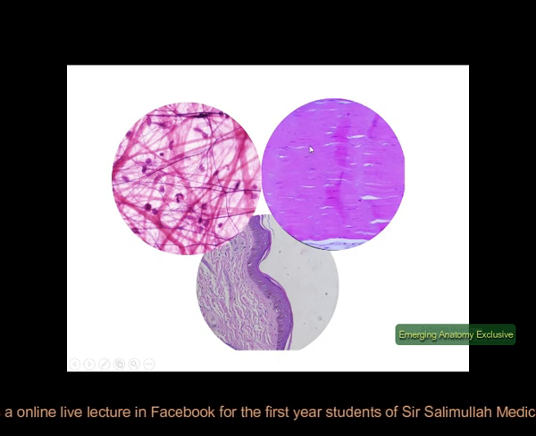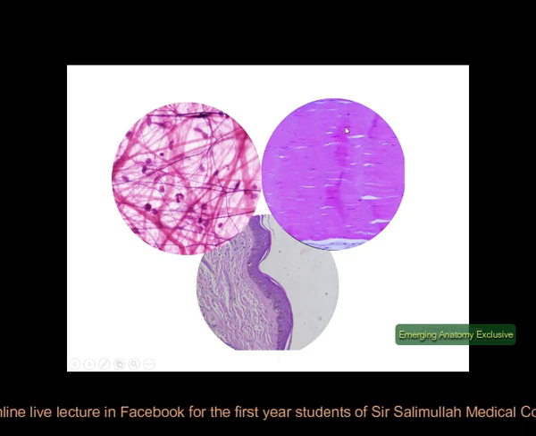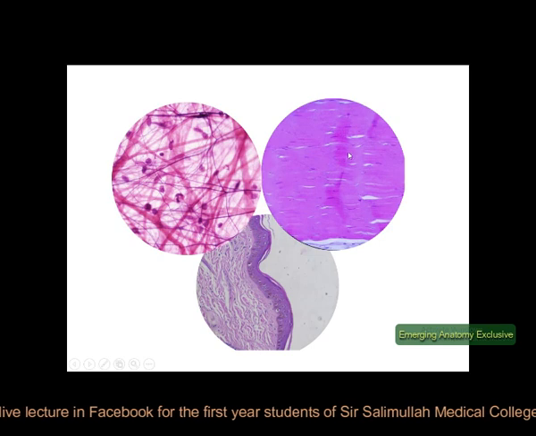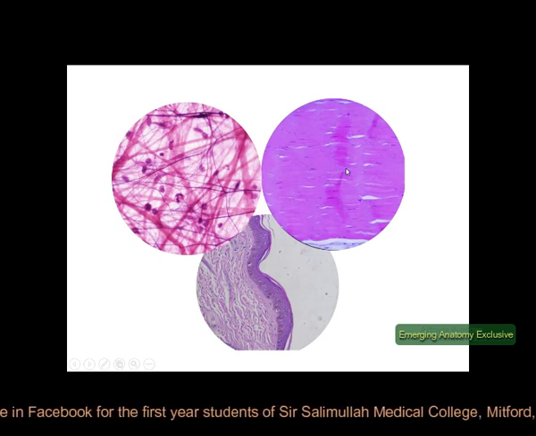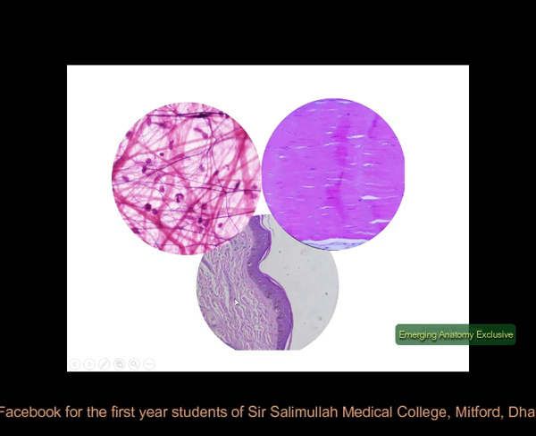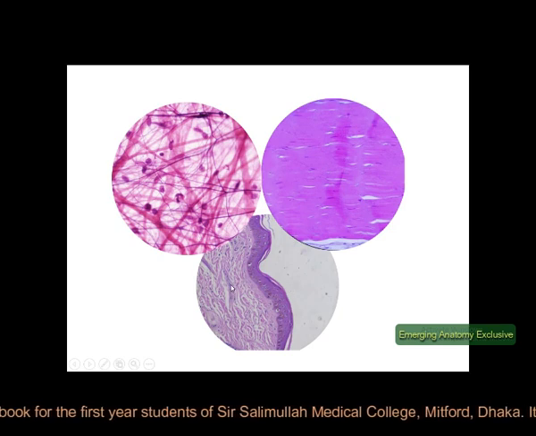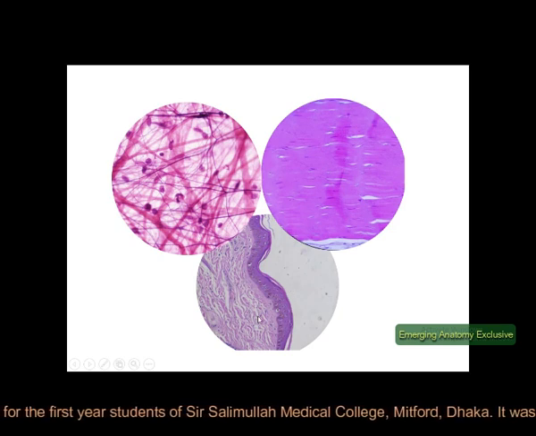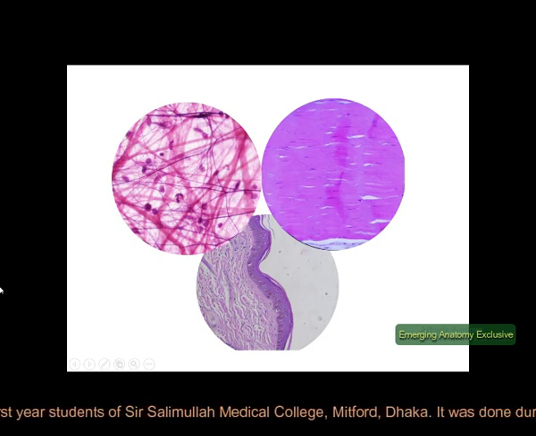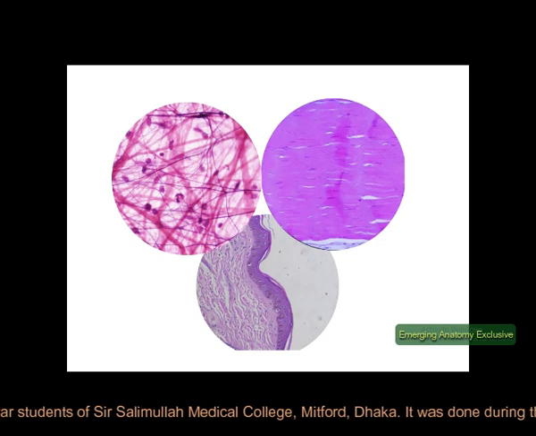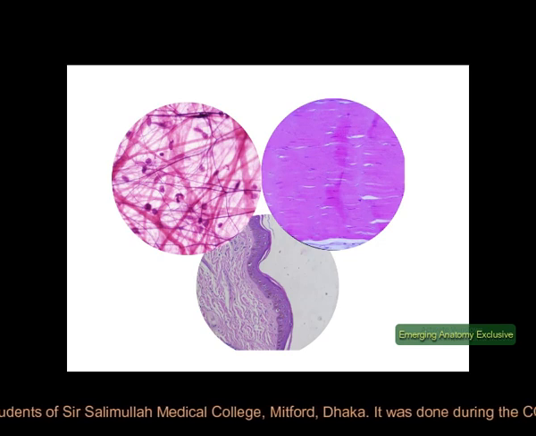Okay, come to this micrograph. These are the nuclei of the cells, and in between the cells there are the connective tissue fibers. And here these are the nuclei and these are the fibers of the connective tissue. Now what do you think? Are the arrangements of these fibers the same in these three photomicrographs?